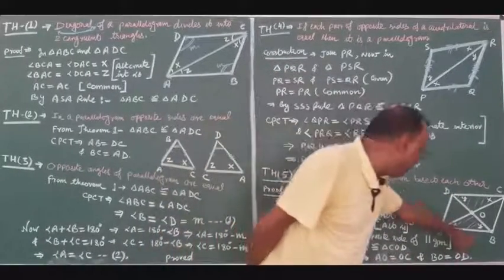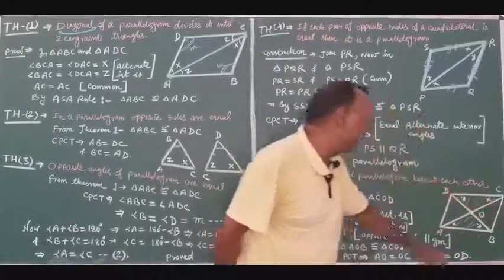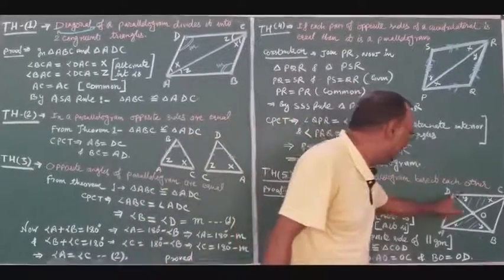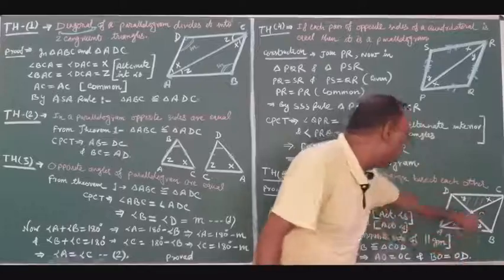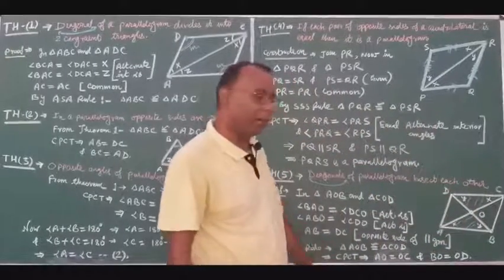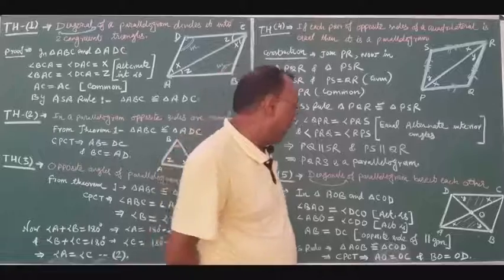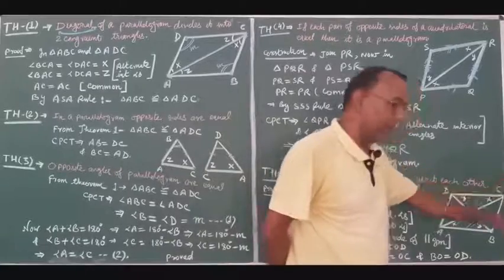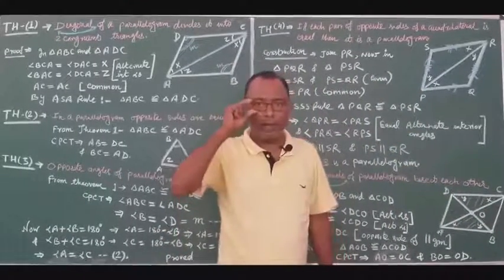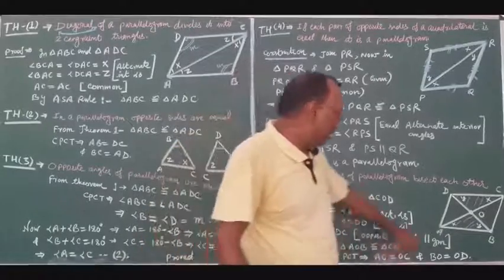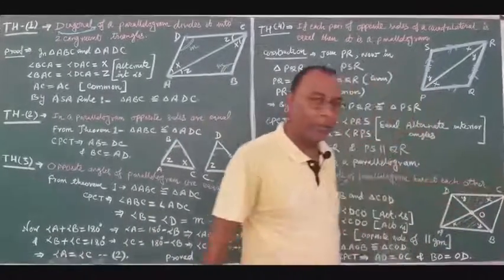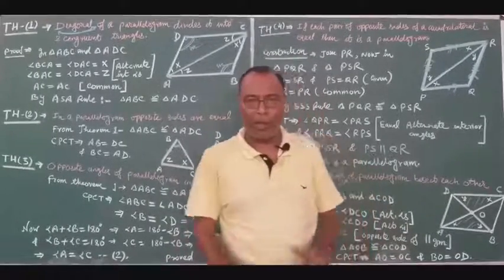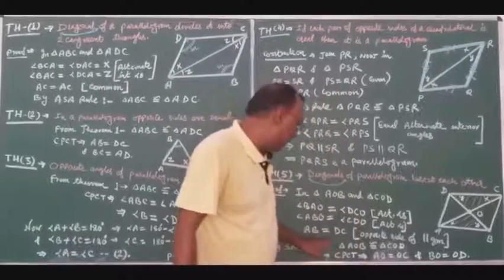Actually, BAO is BAC and DCO is DCA, so both are alternate angles. Similarly, angle ABO and angle CDO, again they are alternate angles. And the third thing, AB is equal to CD because they are the opposite sides of a parallelogram, and opposite sides of a parallelogram are equal.